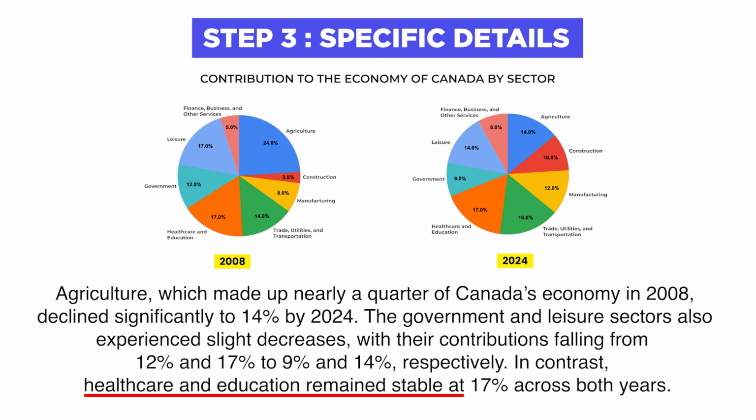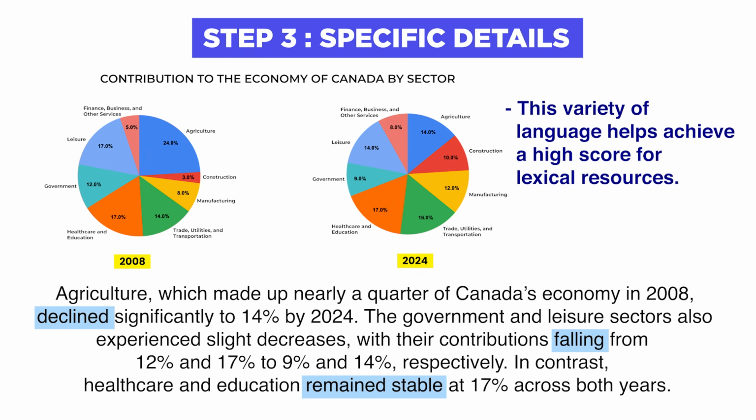In contrast, healthcare and education remained stable at 17% across both years. Again, note how I used a variety of terms, such as declined, fell, and remained stable. To describe changes, this variety of language helps achieve a high score for lexical resources.